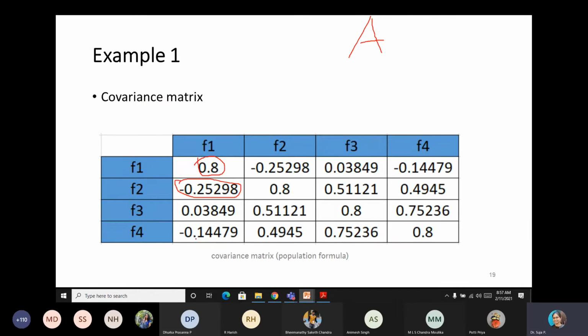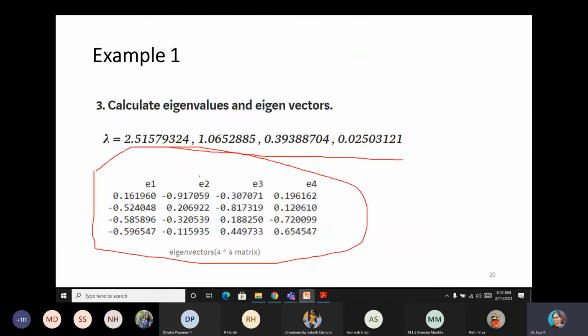So there are 4 features, a 4 cross 4 matrix. When you solve it, you will have 4 eigenvalues, and then you will have 4 eigenvectors: eigenvector 1, eigenvector 2, eigenvector 3, eigenvector 4.